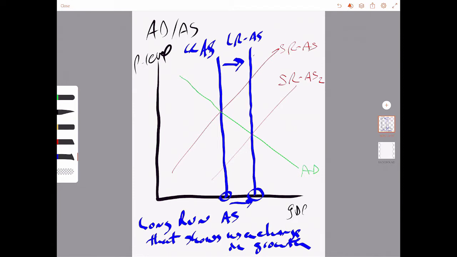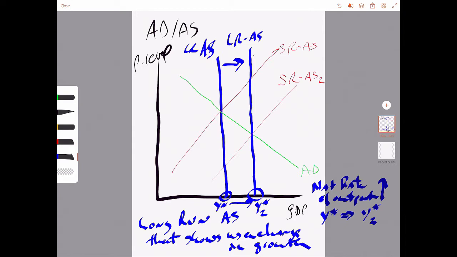When that happens, what we see is that the natural rate of output increases. In other words, that value of y, that y star that we had when we were looking at that equilibrium last week, increases to a new level. It goes from y star here to y star 2 right here. That's our natural rate of output.